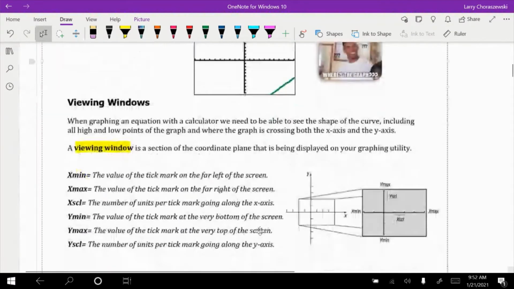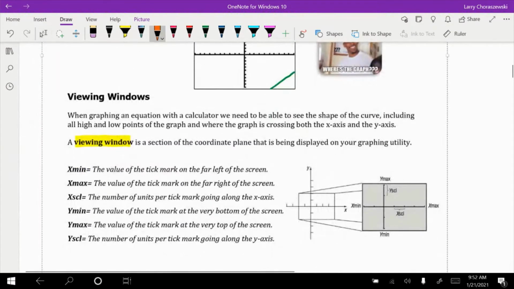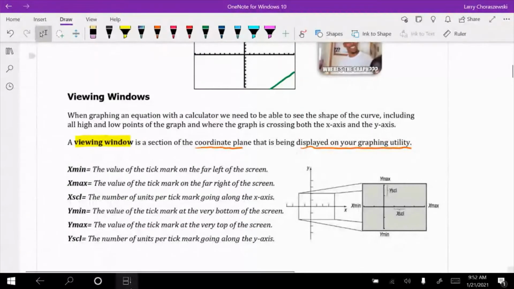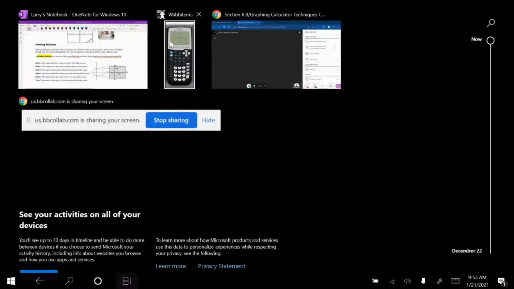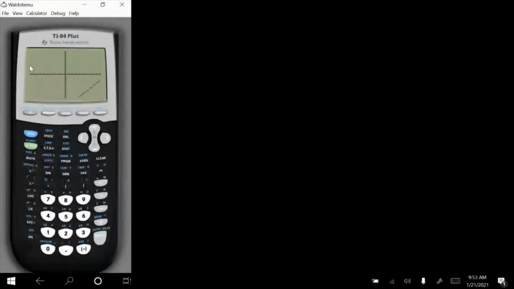Now, a viewing window is a section of the coordinate plane that's being displayed on your graphing utility. This isn't the entire coordinate plane, right? Both axes extend indefinitely, but this section that we're seeing of the coordinate plane would be considered the viewing window.